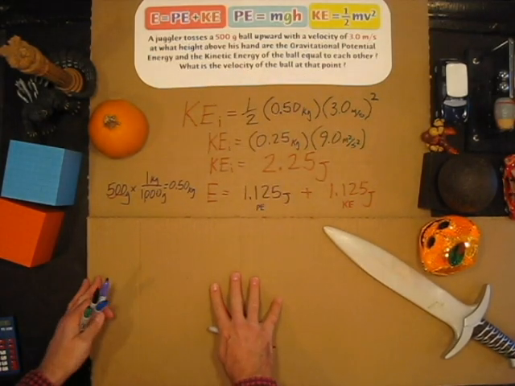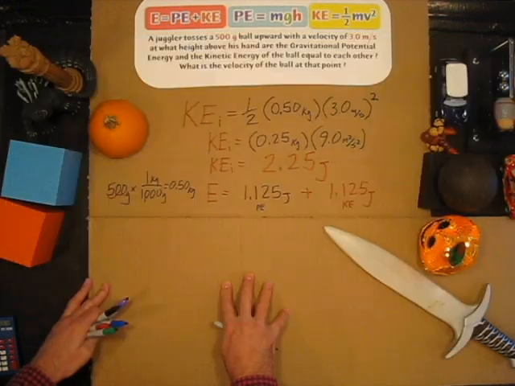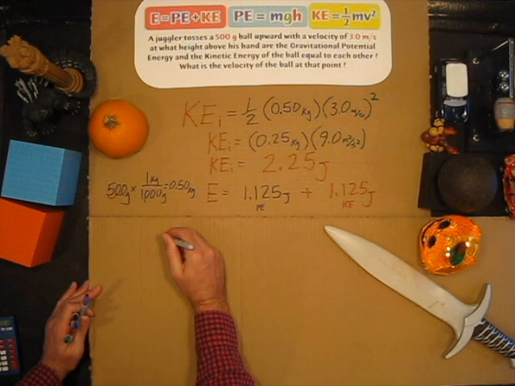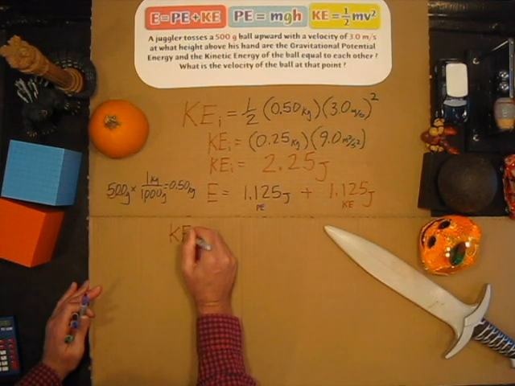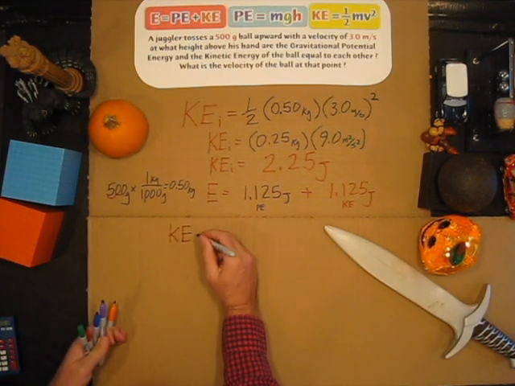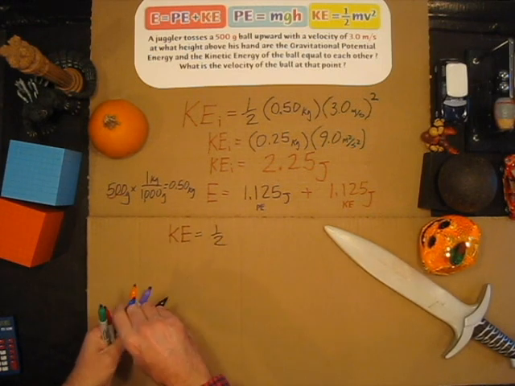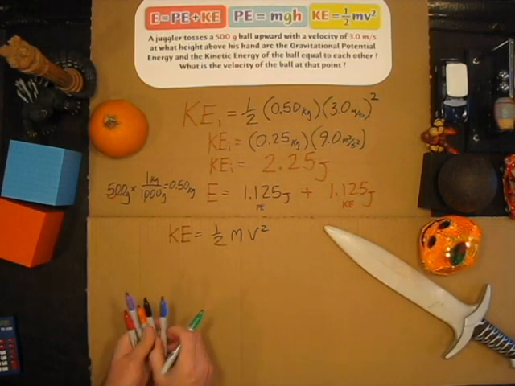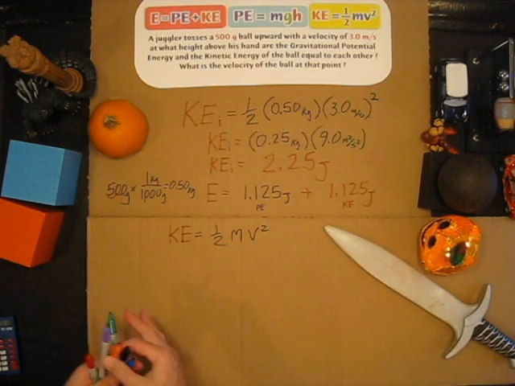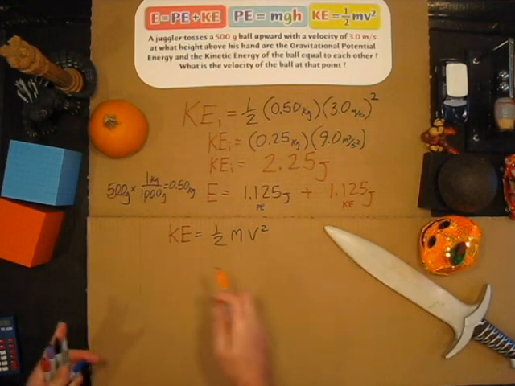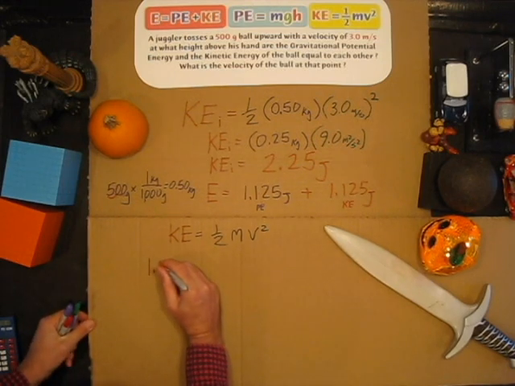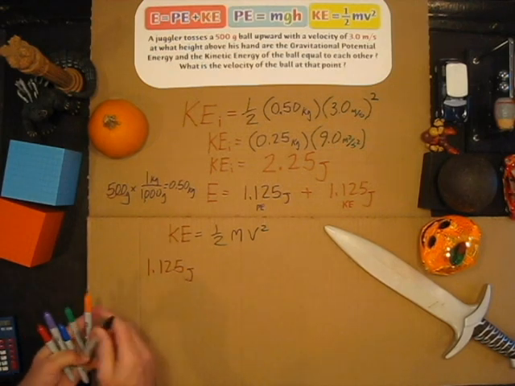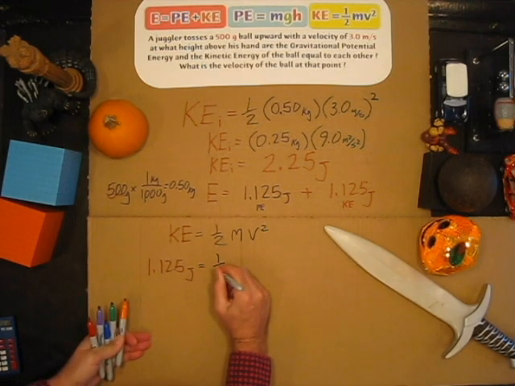I'm gonna do the kinetic energy one on this board. So what is the velocity when they are equal? Well, if the kinetic energy equals 1/2 mv squared, and if we know the kinetic energy is half of the total, then it is 1.125 joules equals 1/2.